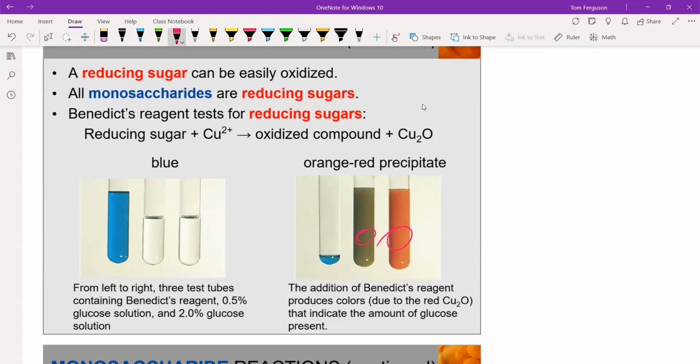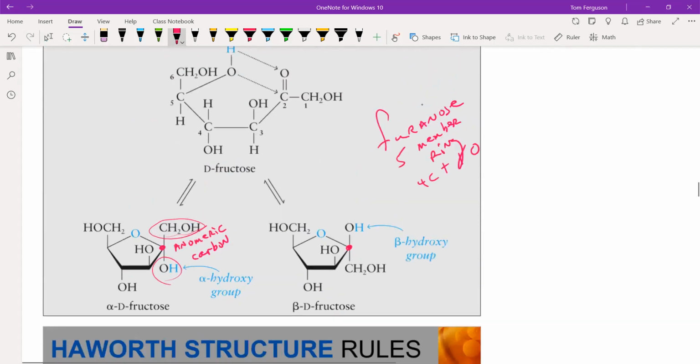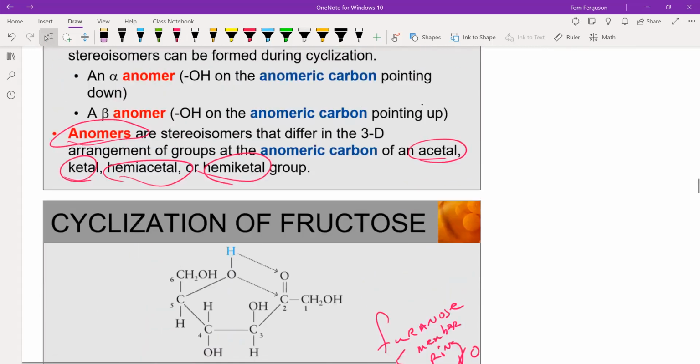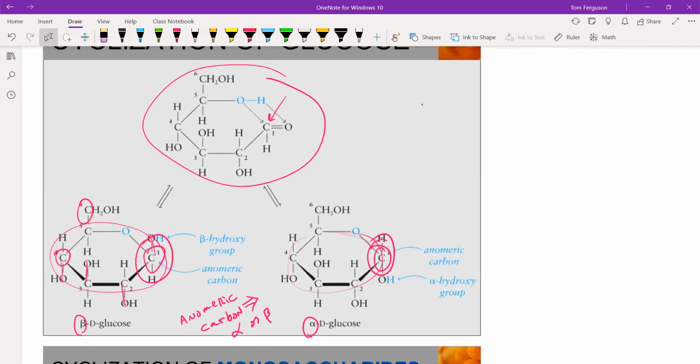Okay, a reducing sugar opens up to an aldehyde when it goes from a beta and alpha version of the molecule.